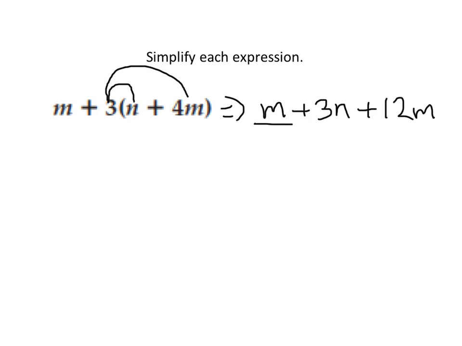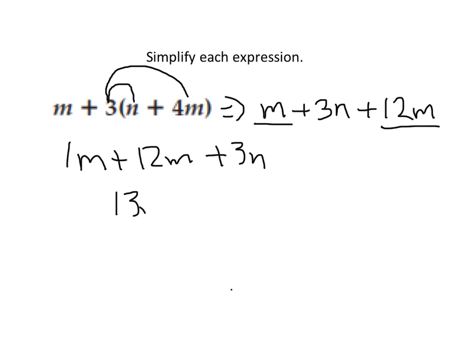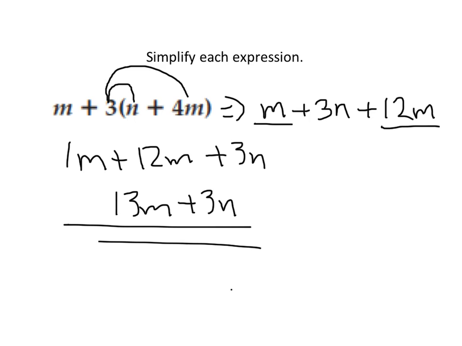I have an m and another m right here. So I'm going to combine those two together. I have m plus 12m plus 3n. 1 plus 12 is 13m plus 3n. I'm finished here because the variables are not the same. I'm done.